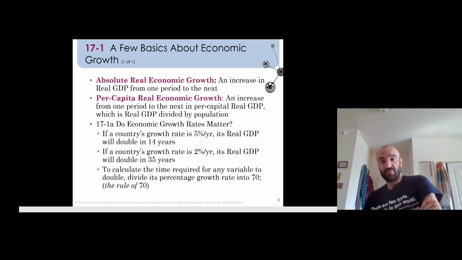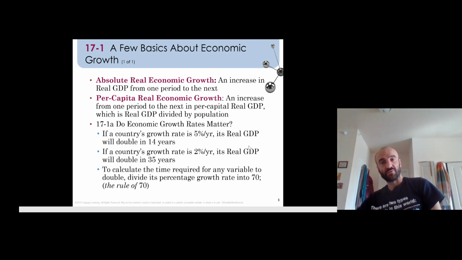So there is one rule for calculating one of the measures of how well you do in the long run: how much time is required for your country to double its income, to double your real GDP.